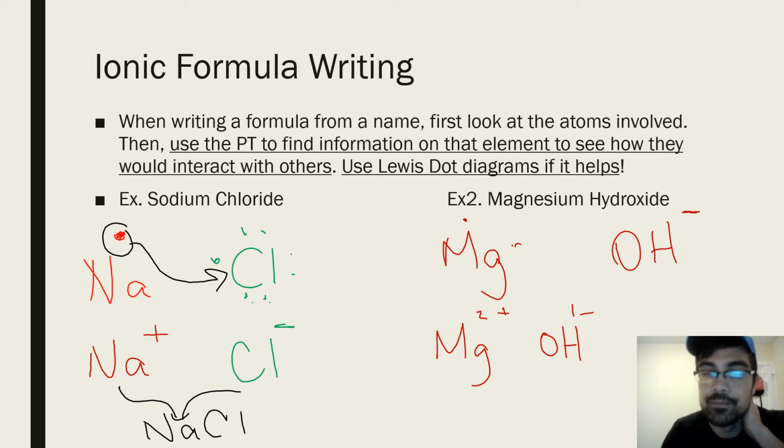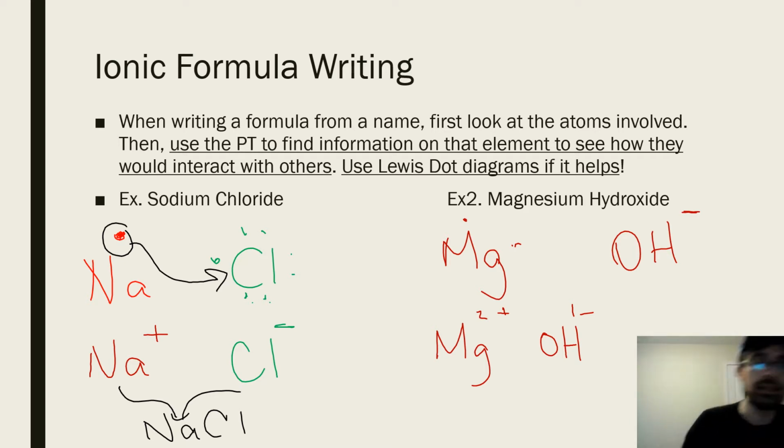Okay, so because of that, remember with an ionic bond, the charges need to add up to 0. They need to be able to cancel each other out because they're going to have those attractive forces to each other. But for them to be bonding properly together, they need to cancel out. So if magnesium has a +2 charge and hydroxide has a -1 charge, we're going to need 2 hydroxides for every 1 magnesium to make sure those charges cancel out.